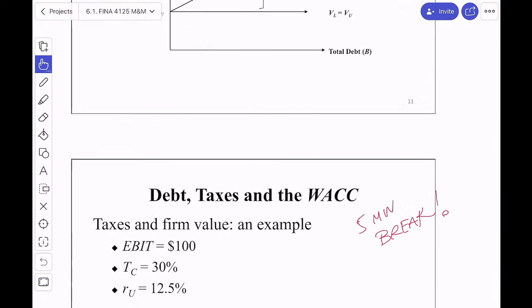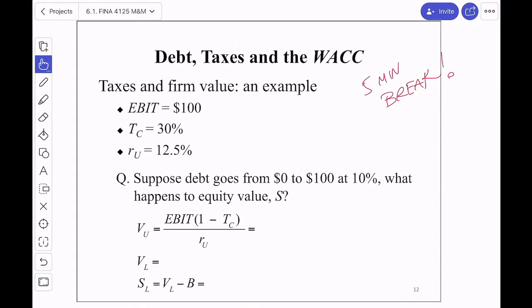Okay, so let's see. In this example, we begin with earnings of $100, and that's perpetual. So remember, this happens forever. Taxes are 30%, and the return to investors in the unlevered firm, so no debt, is 12.5%.